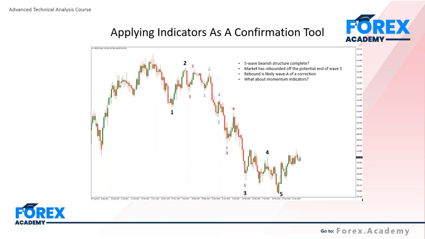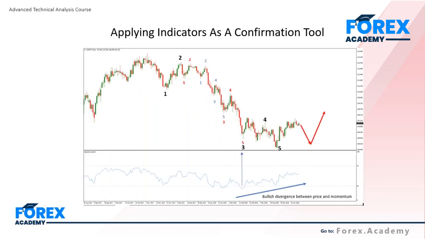Let's perhaps consider momentum indicators and see whether this provides any additional information. And we can see that by just simply applying a 14-period relative strength index, we observe a condition that we became familiar with last week. In other words, we have bullish divergence between price and momentum. Just to remind you what this is, price action is moving in a downward direction still.